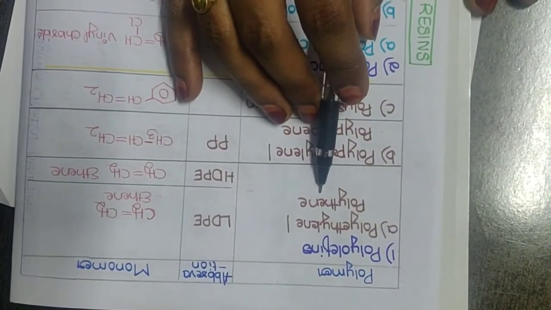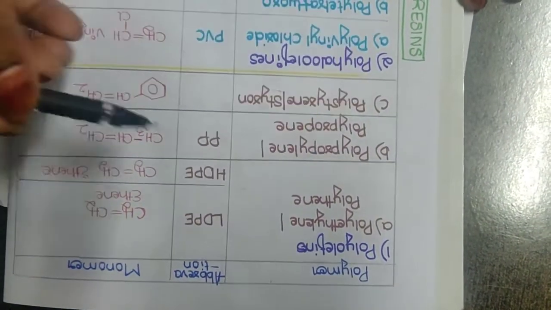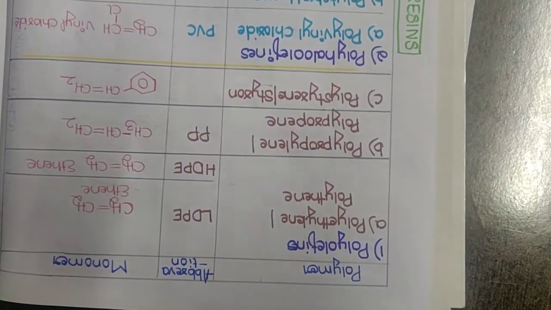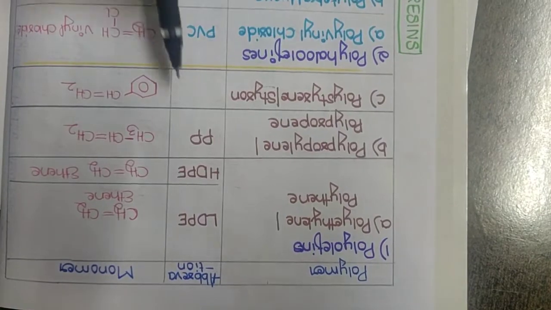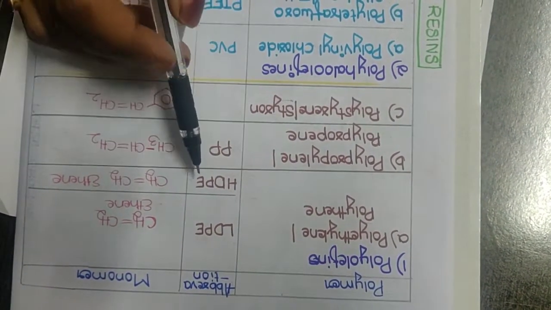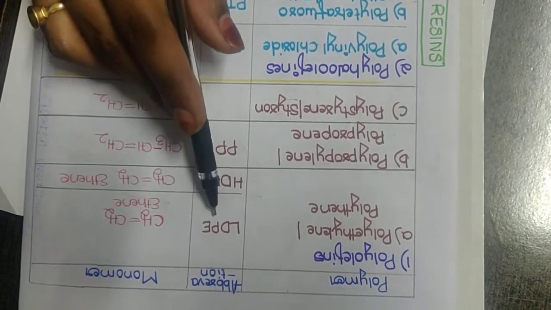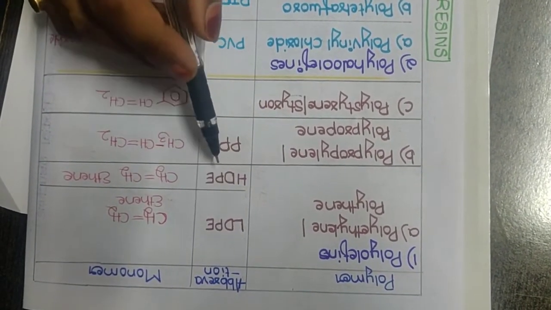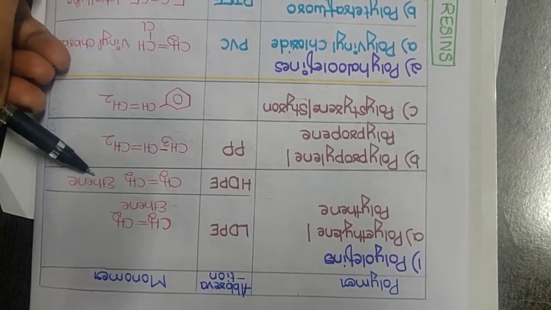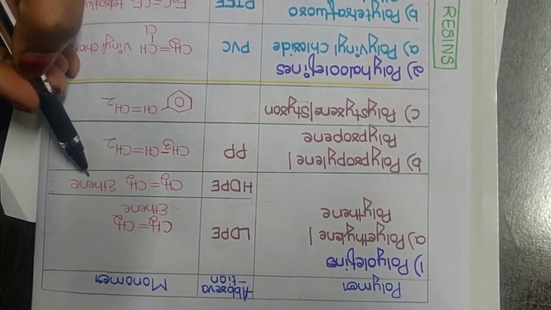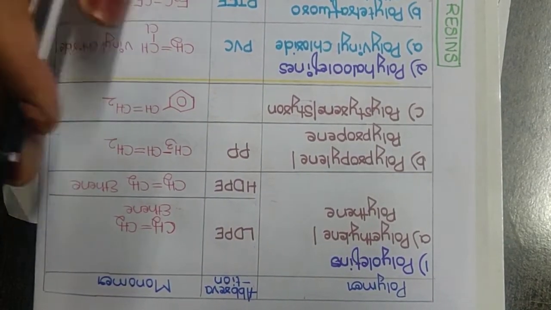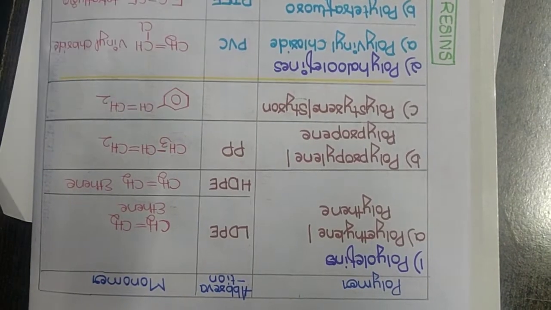Under polythene we have two types: one is low density polythene, another is high density polythene. I hope you have studied this in your theory, where for both low density and high density we take the same monomer, that is the ethene molecule, and it undergoes polymerization under a different set of conditions.